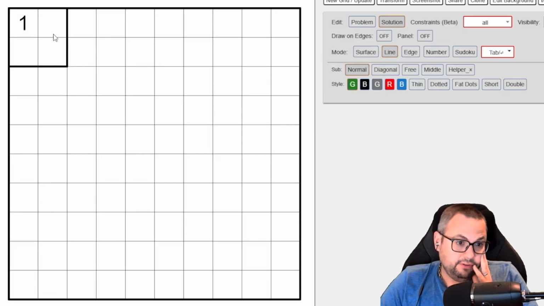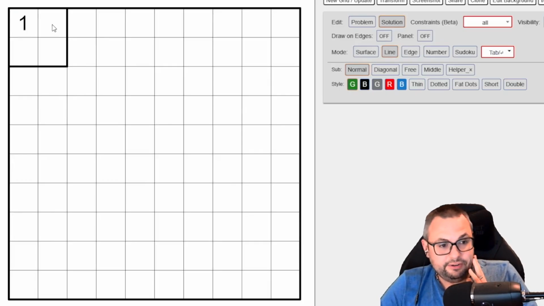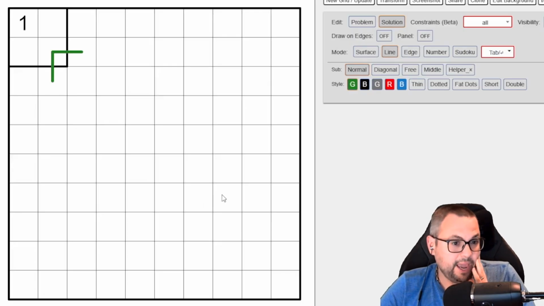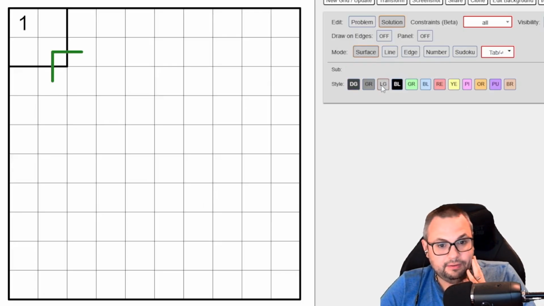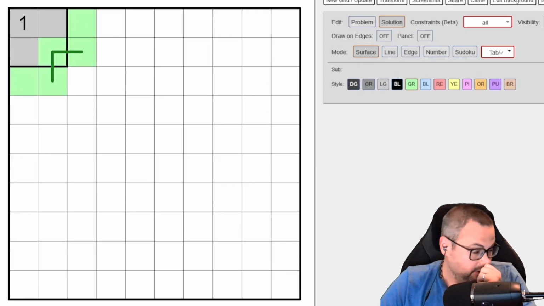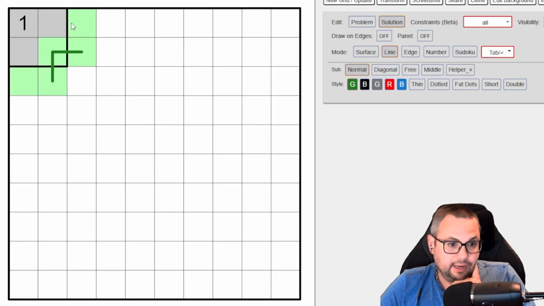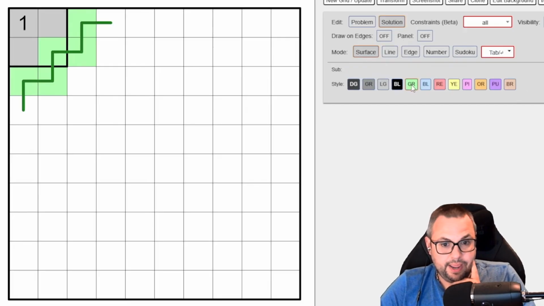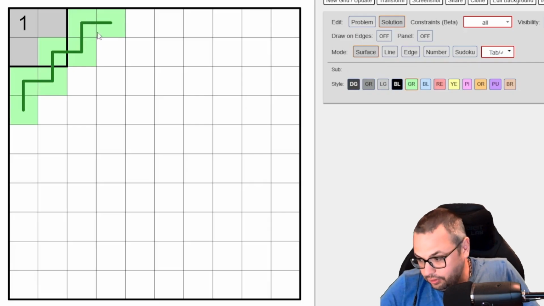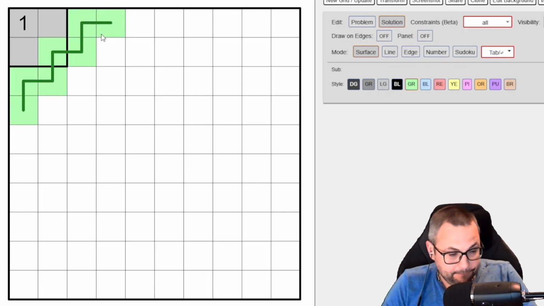If I try to visit this one, I need to visit an adjacent cell in the country, and that's already too many. Likewise, that one, so I have to do that. And that means that these cells are unvisited. And so, by virtue of being across the border, these two have to be visited. And so, therefore, we get this pattern right away. That's the thing I was mentioning: use the hard rule right away.